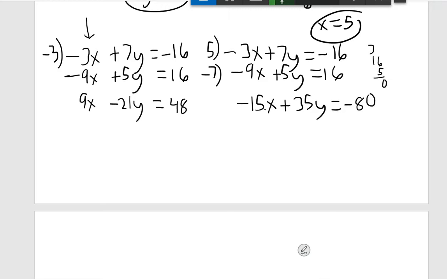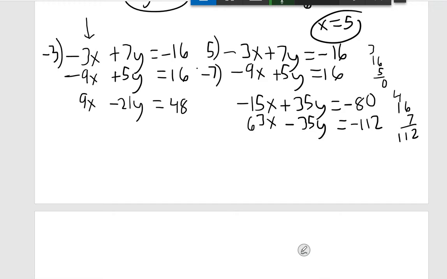And then the bottom one, if we multiply that one by -7, we would get positive 63x minus 35y equals 16 times -7, which is -112.